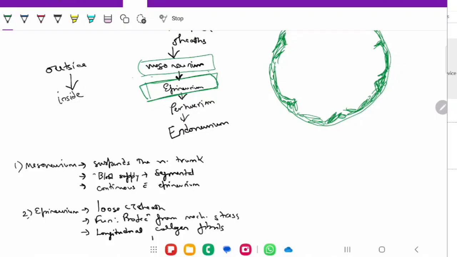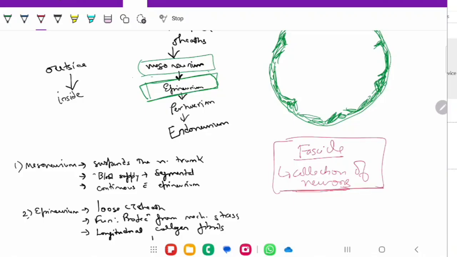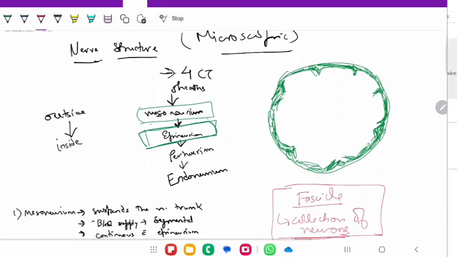So what is a fascicle? A collection of neurons is known as a fascicle. Now over here we will have what we have just studied, fascicles.